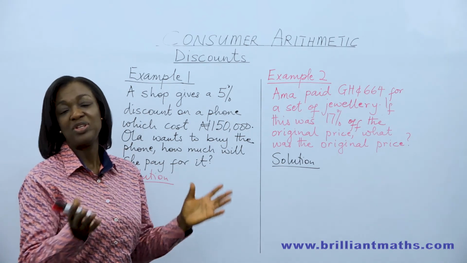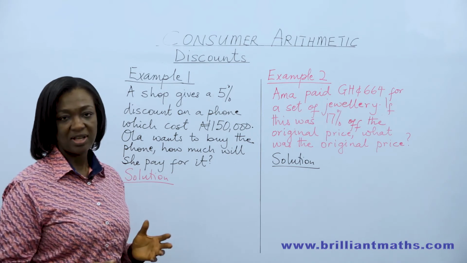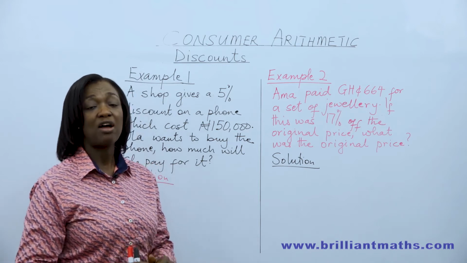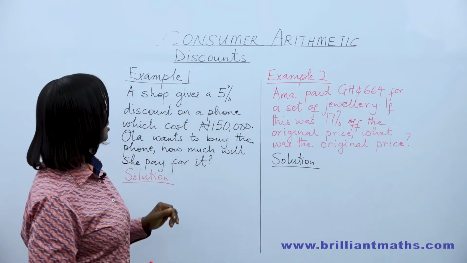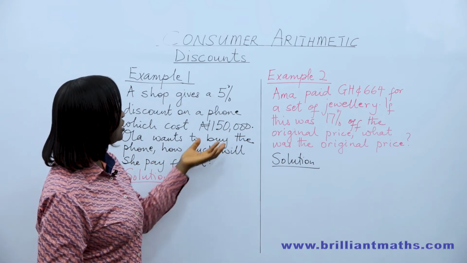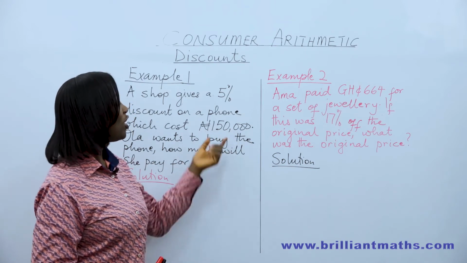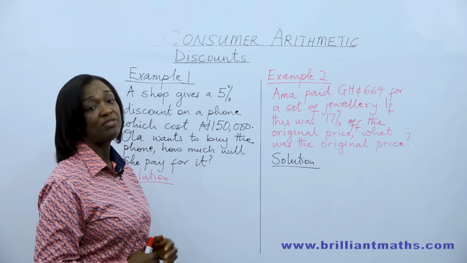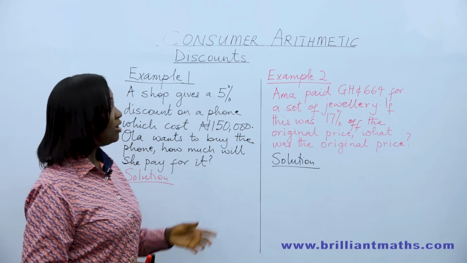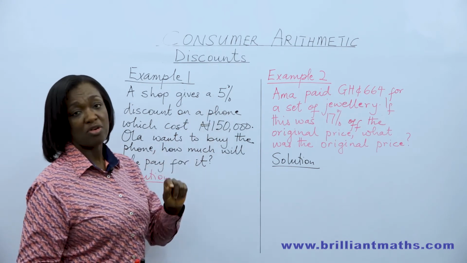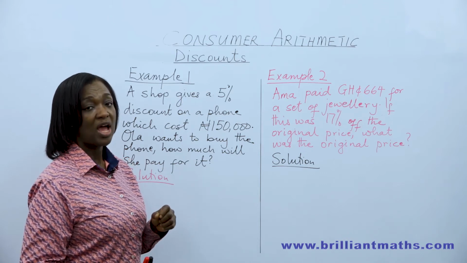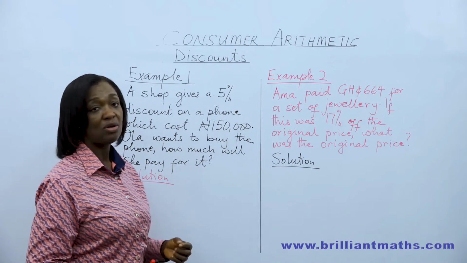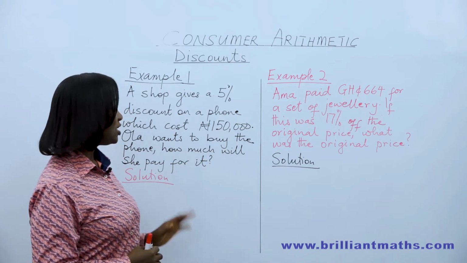Probably they're doing sales or it's Christmas or for some reason the shop wants to clear and they're giving a discount of 5%. One way is to find 5% of 150,000 and take it away from 150,000, or subtract 5% from 100 and that gives you 95%, and you simply find 95% of 150,000 and that gives you the amount that she pays for it.